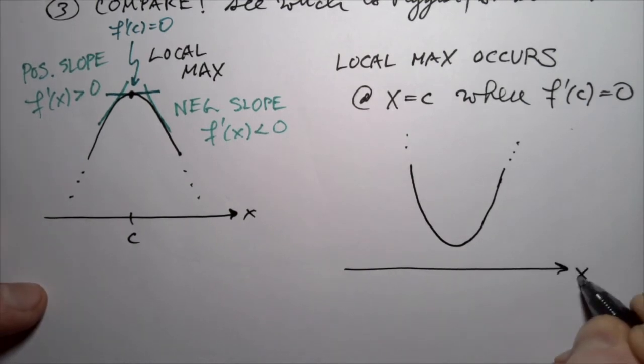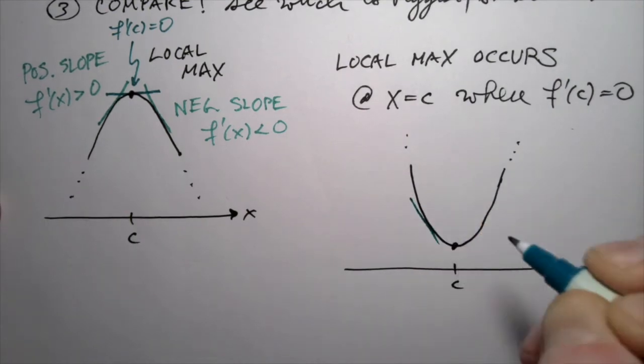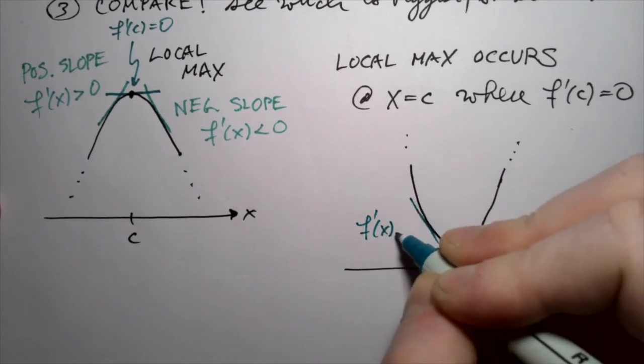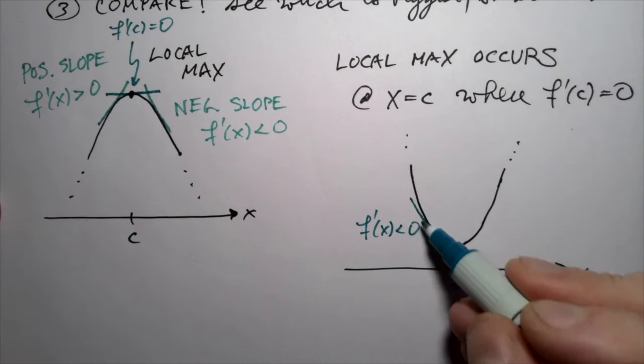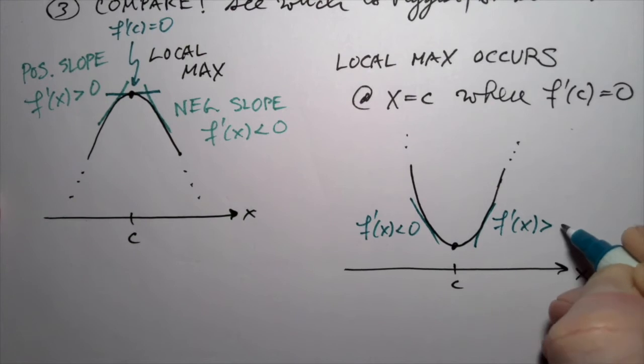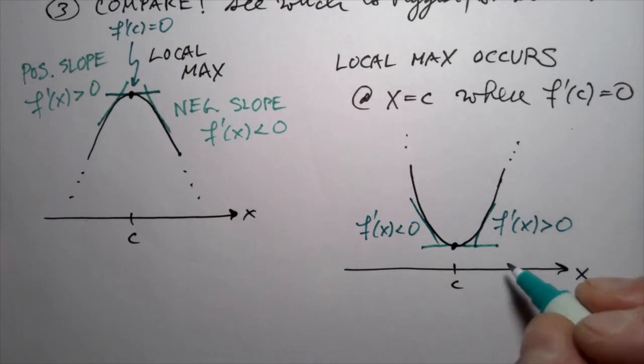So if we draw the analogous picture with the local minimum occurring at some x value c, then we see that that's exactly the point where here the derivative is negative, negative slope, function's decreasing. Here the derivative is positive, positive slope, increasing. And then right there, smack dab in the middle, where we have the local minimum, the tangent line would be flat. The derivative is 0 at that point.